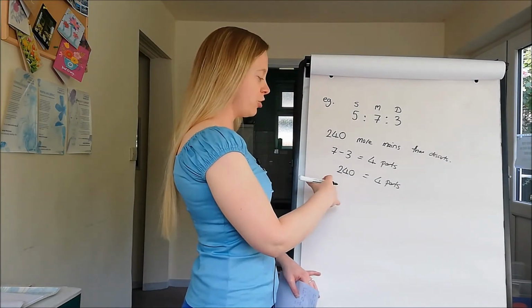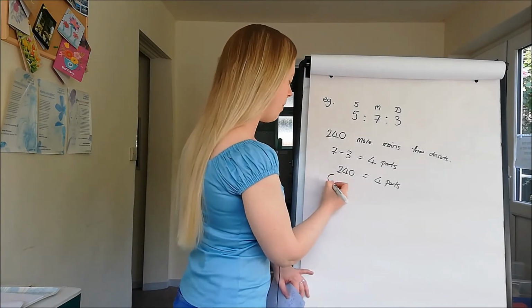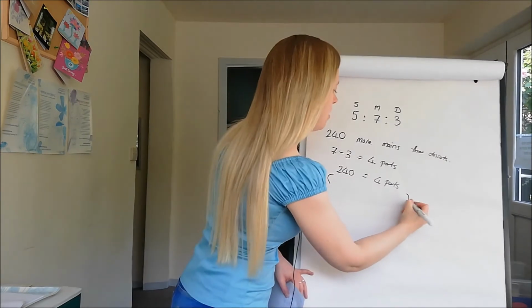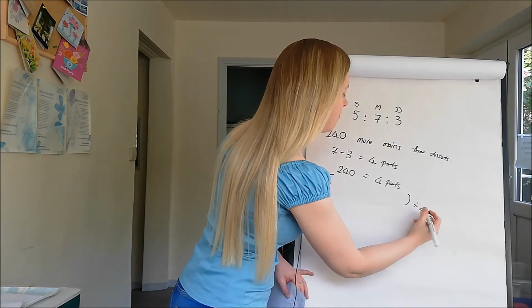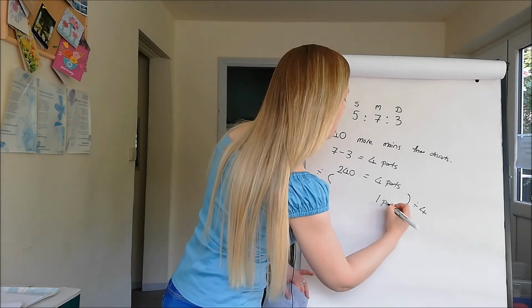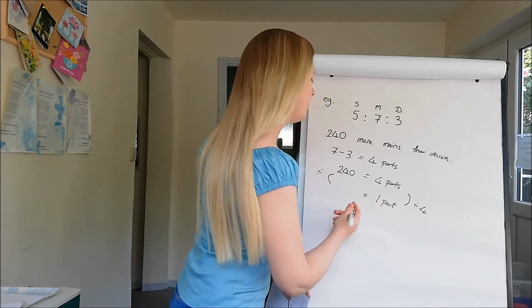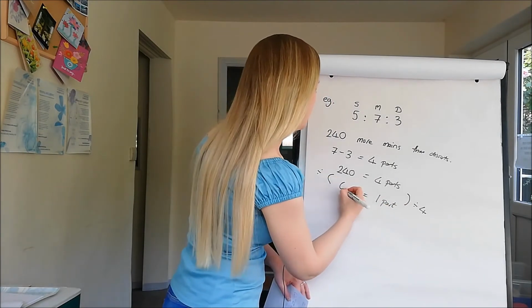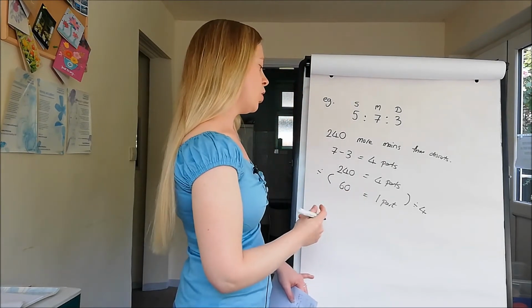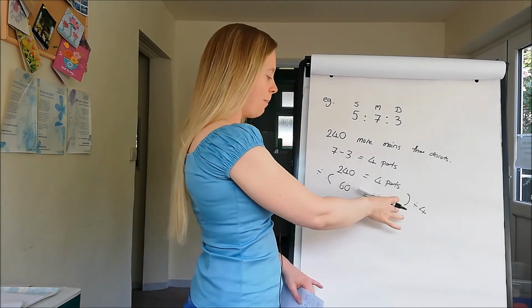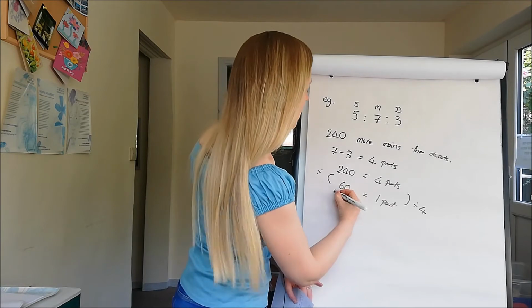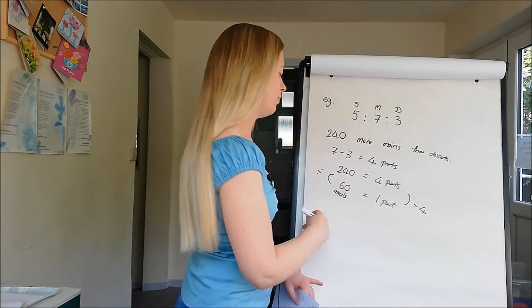And if 240 equals 4 parts, then if we divide by 4, that'll tell us what 1 part is equal to, which would give us 60. So we know that 1 part must equal 60 meals or dishes.